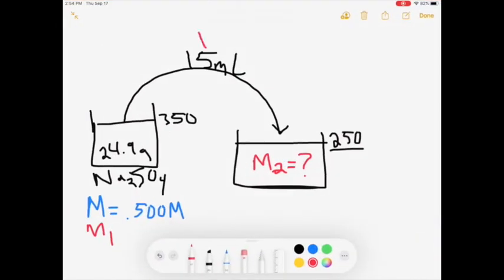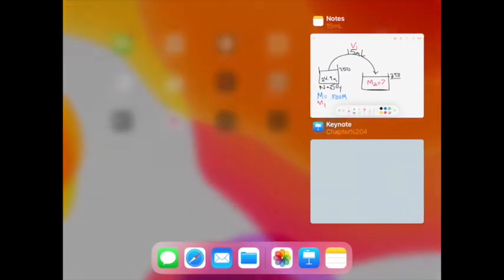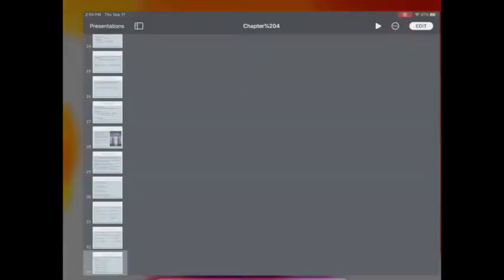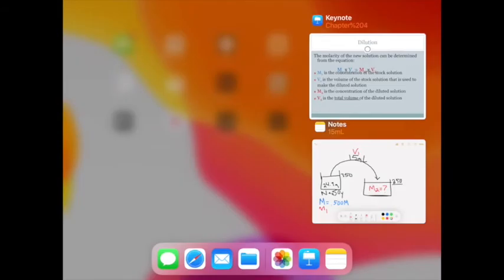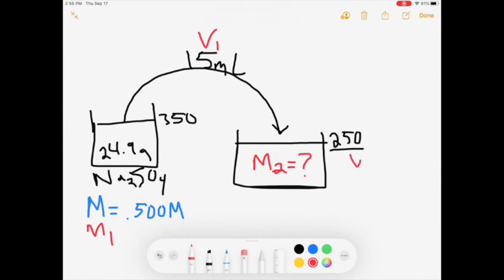So this is V1 up here. I took 15 mils out of my stock solution to make my new solution. So that would be my V1. V2 is the total volume of the diluted solution. So this right here would be my V2.